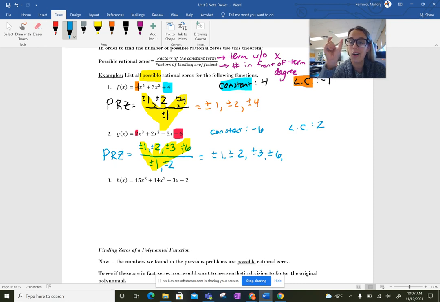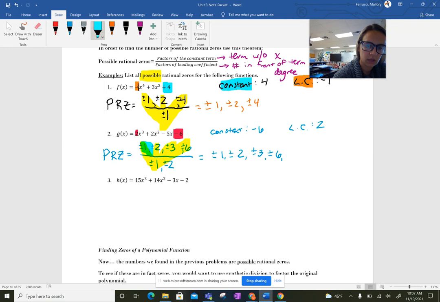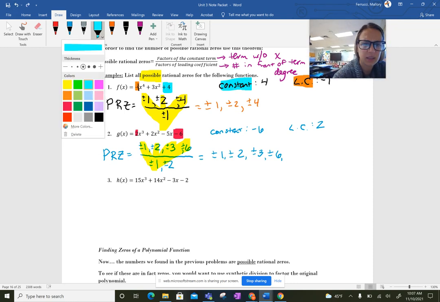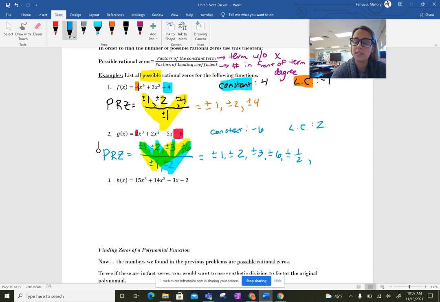But now we also have another factor on the bottom. Let's see if I can make this a little skinnier. Okay, there we go. So now we're dividing each of these numbers by 2 as well. So we get plus or minus 1 over 2. We also get plus or minus 2 over 2, but that's just 1, and we already have 1 right there.